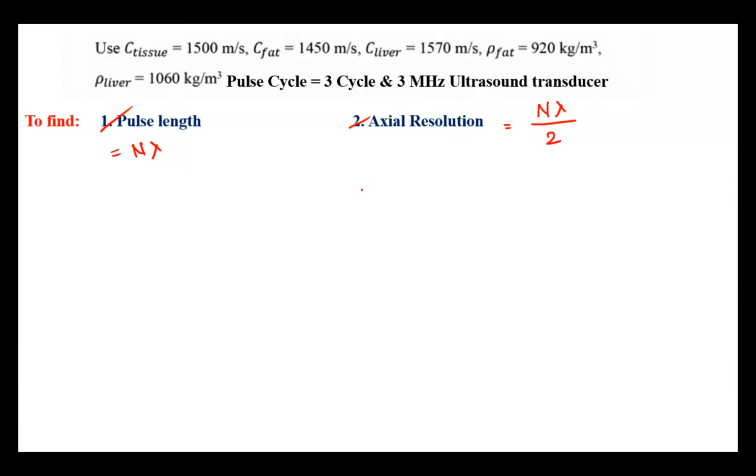So 0.75 millimeter. So 1.5 is pulse length, divided by 2 gives 0.75. If they give the same question and ask you to solve axial resolution, you need to solve it.